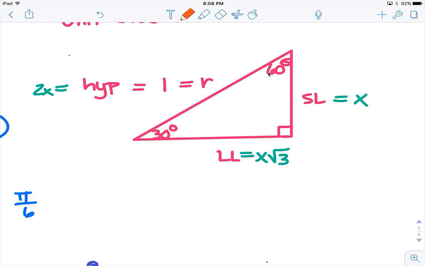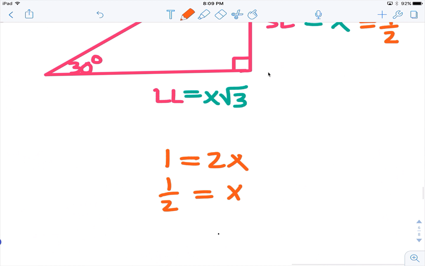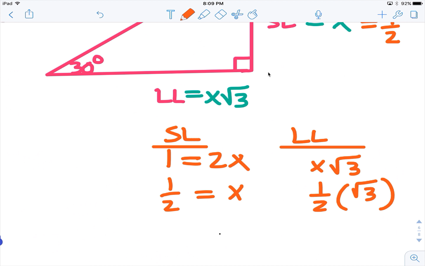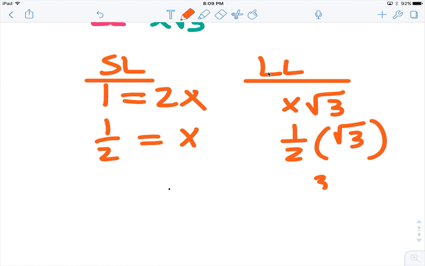So if the radius is equal to 1, then to go backwards and find the short leg, that would be 1/2. And then the long leg would be whatever the short leg is times square root of 3, or 1/2 times square root of 3. And instead of writing it as two separate fractions, we just write it together as one.